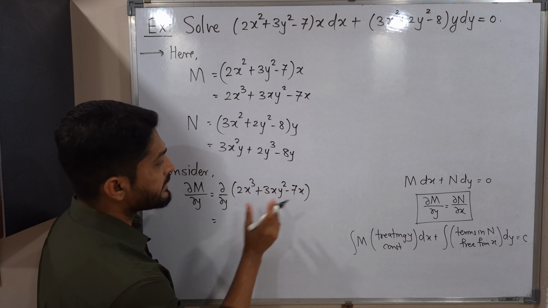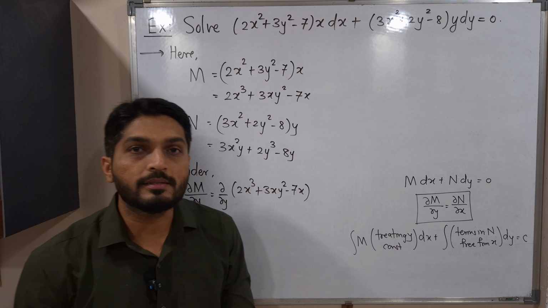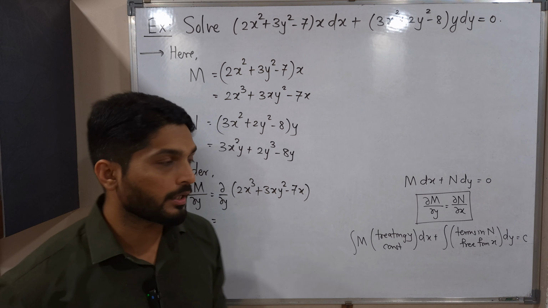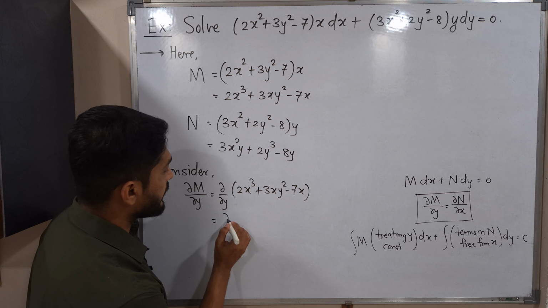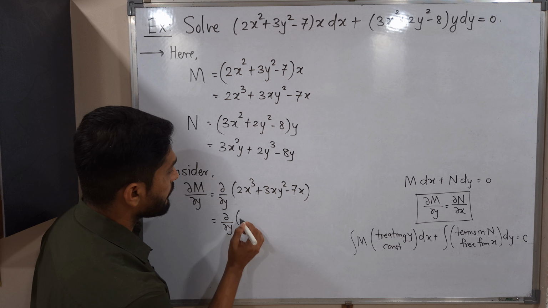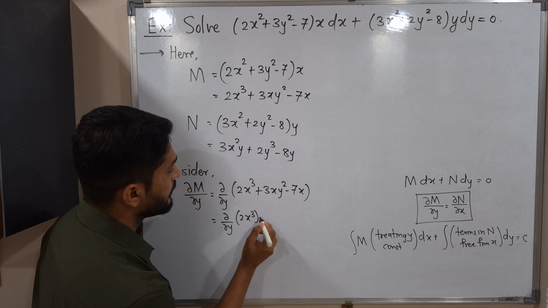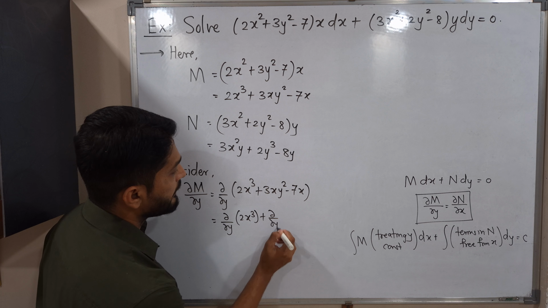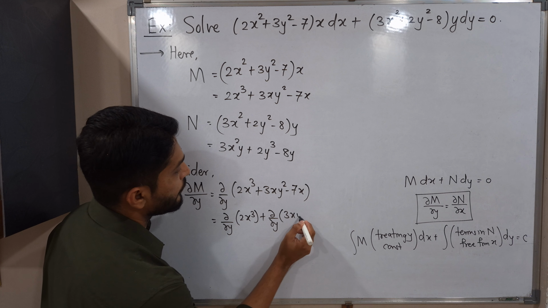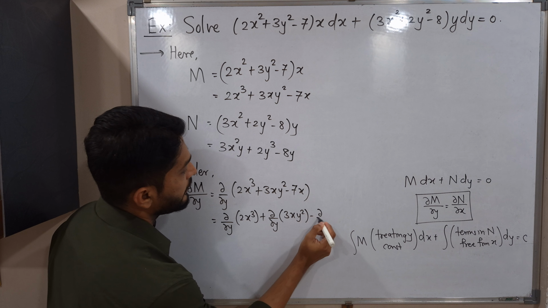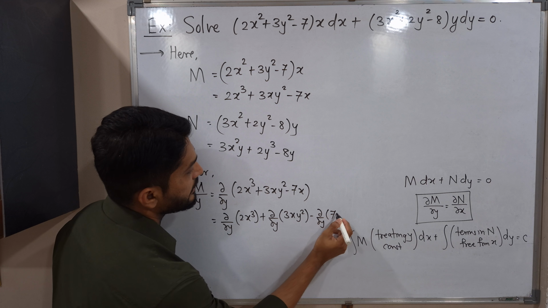When you have plus and minus signs, we take separate derivatives, so it will be easy to calculate. The derivative of 2x cube, plus the derivative of 3xy square, minus the derivative of 7x.